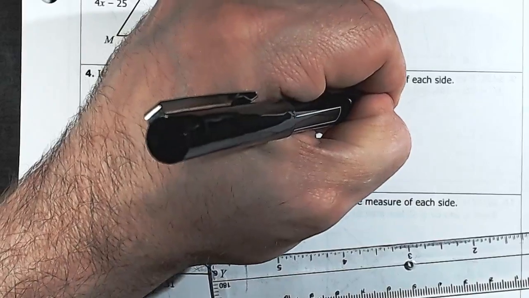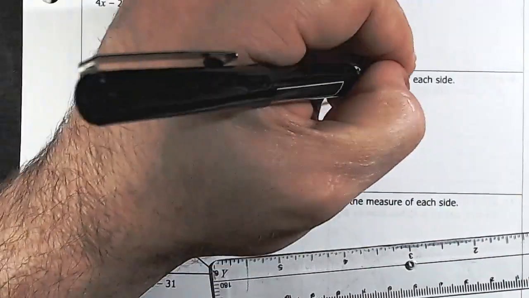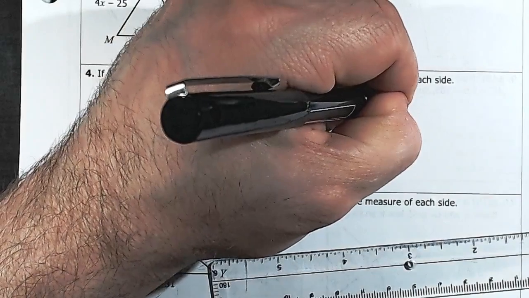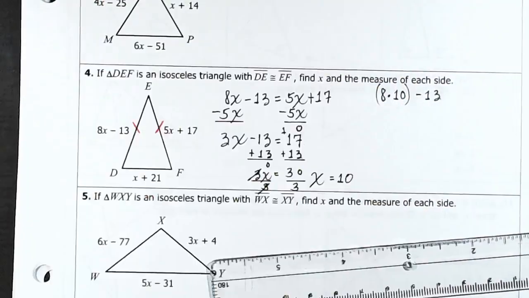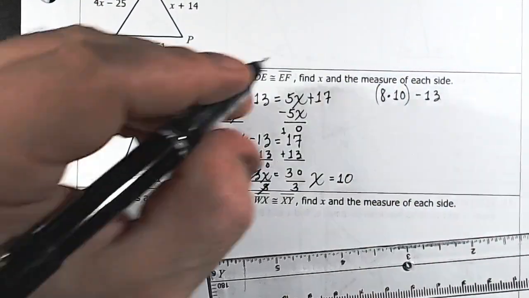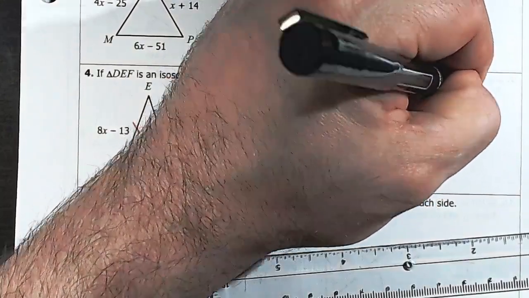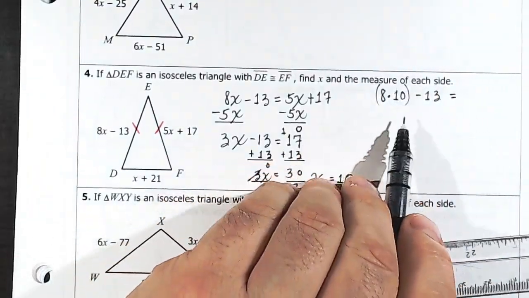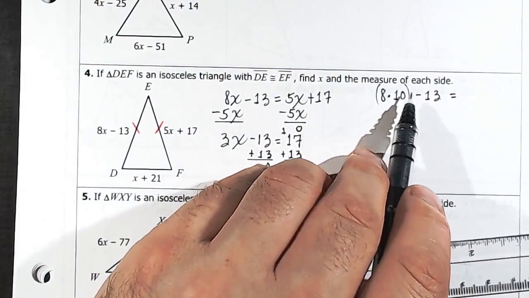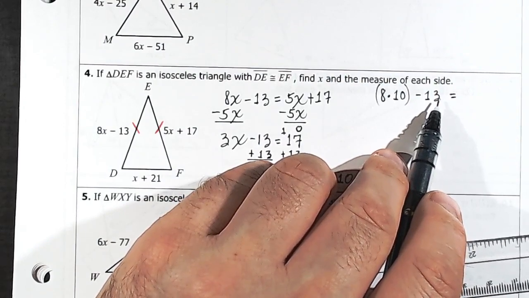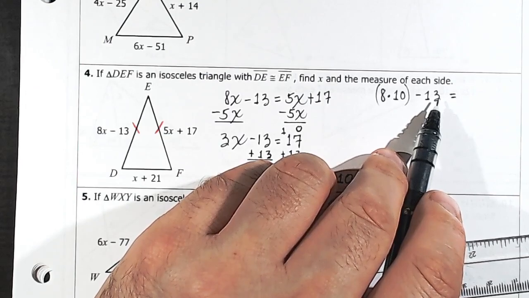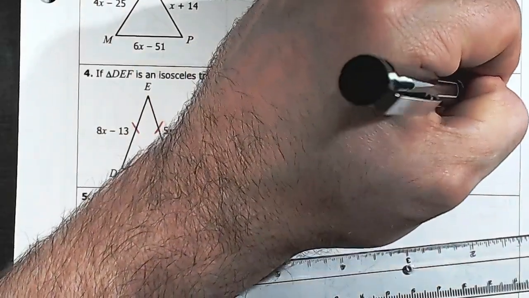So now I've got to plug in 10 everywhere I see an x and solve it out. So here I'll write 8 times 10 minus 13. Remember, we're going to have to do this multiplication first. 8 times 10 is 80, and 80 minus 13 is 67. So we'll put 67 here.